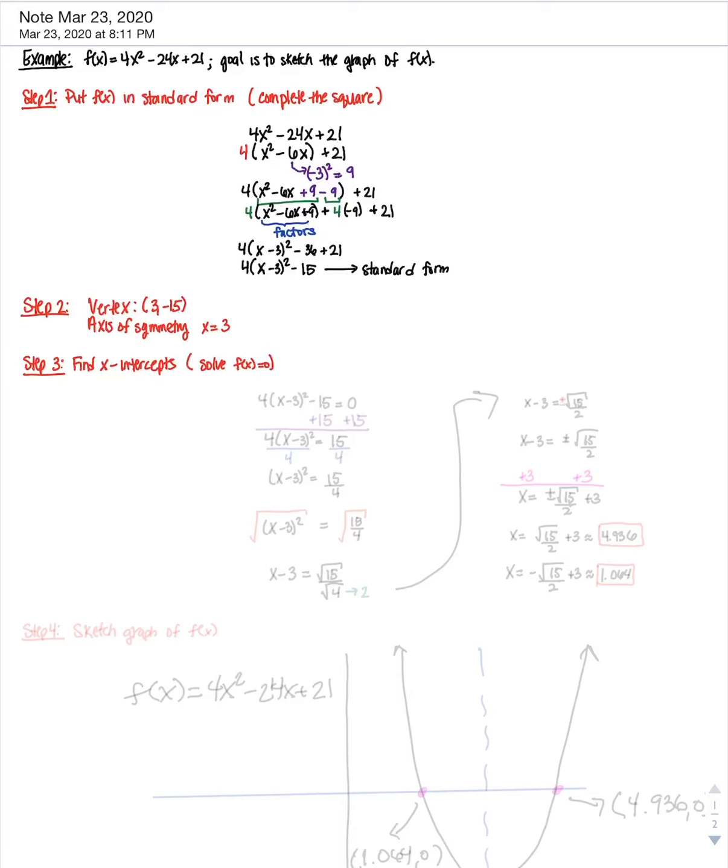Now, that's what we'll do here. Because we know what f of x is equal to, we'll start with our function in standard form. So we have 4 times x minus 3 squared minus 15. That's our function f of x. That's equal to 0. We can add 15 to both sides because we want to solve for x.